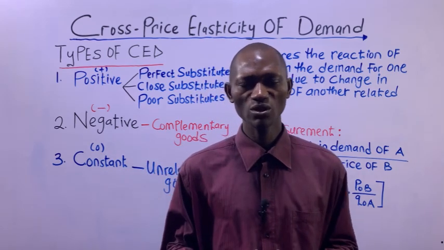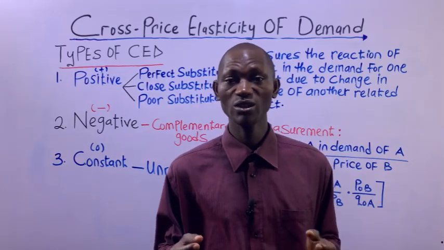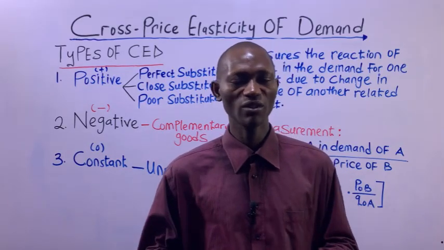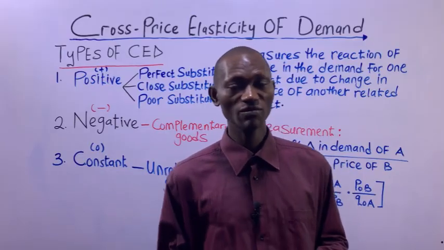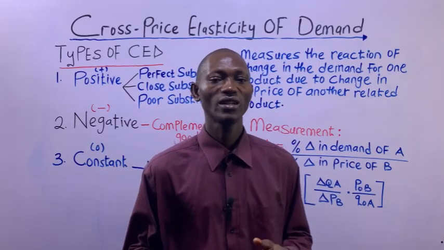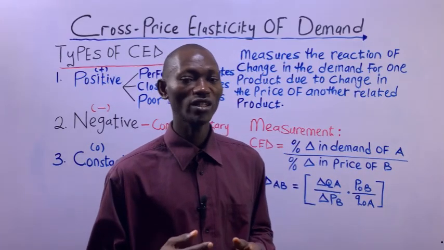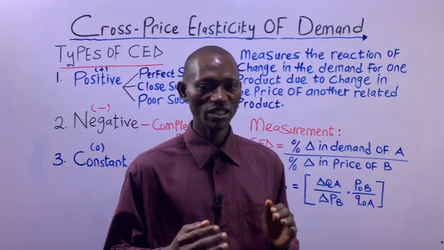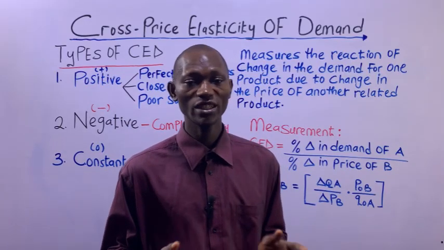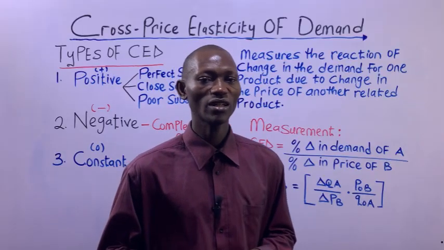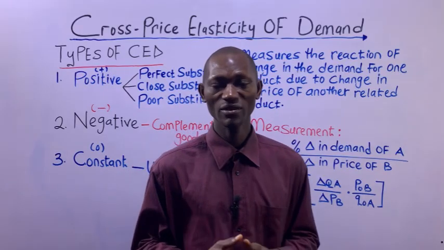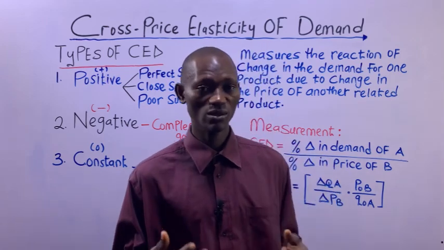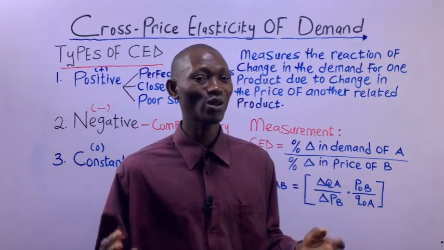Substitute goods always have a positive relationship, in the sense that an increase in the price of one will lead to an increase in the demand for another substitute good, and a decrease in the price of one will lead to a decrease in the demand for another substitute good. A good example is iPhone and Samsung. They are substitute goods. In fact, they are close substitutes.